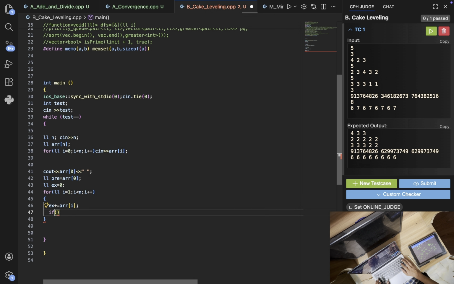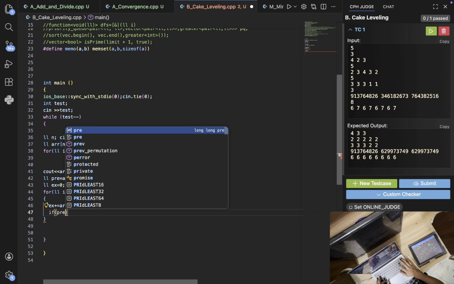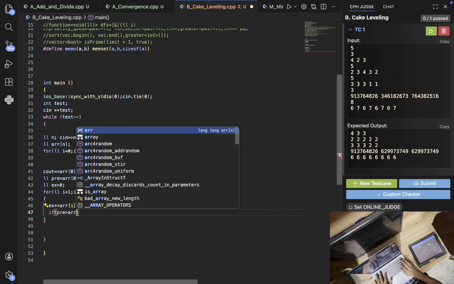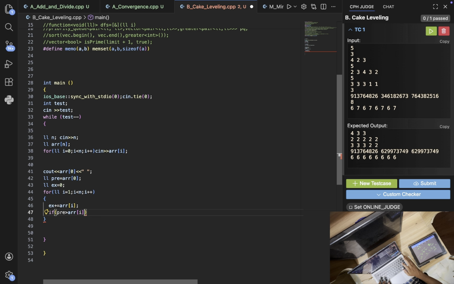If previous greater than error of I, and then I'll change something.